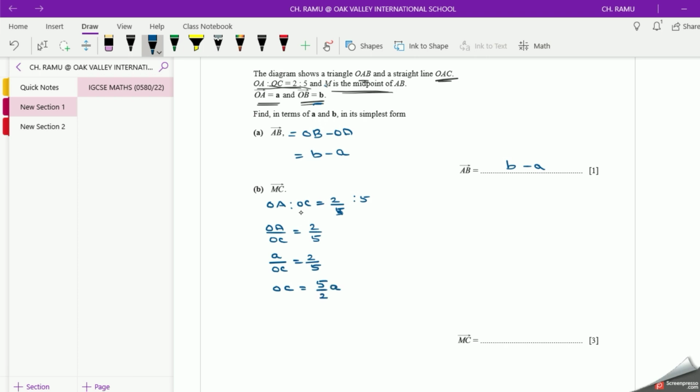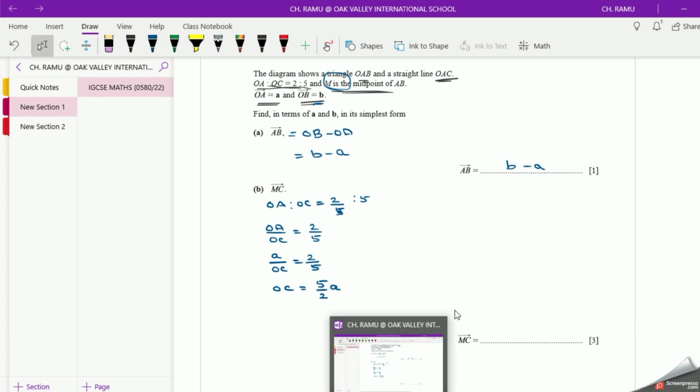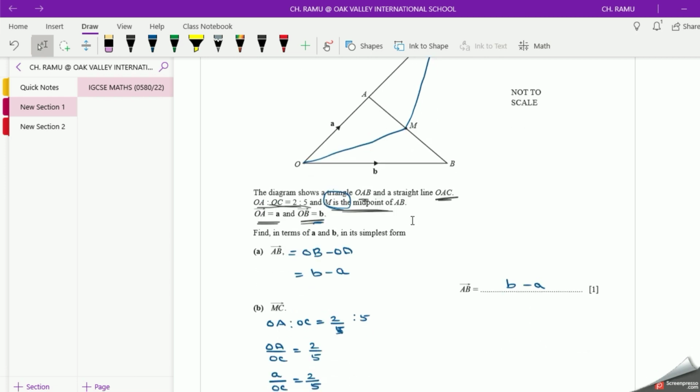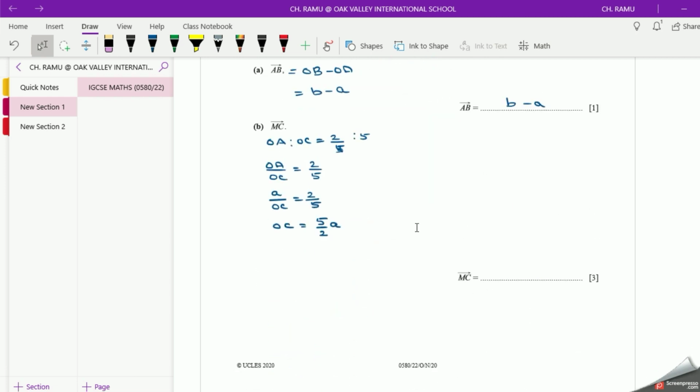And another condition they have given is M is a midpoint of AB. If you observe this one, M is a midpoint of AB. So we can write that OM is equal to (OA plus OB) by 2. OA means a, OB means b, by 2.